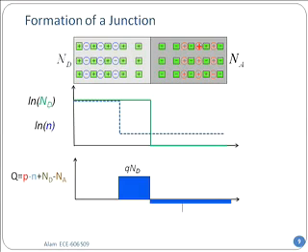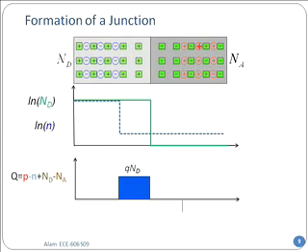Why? Because on this side it is ni squared divided by Na. If Na is 10 to the power 18, the minority carriers are about 100 in silicon. So in comparison, we'll not draw the blue part. We'll say that this is too small for us to worry about. Let's worry about the main charges, so we'll not draw anything on this side.